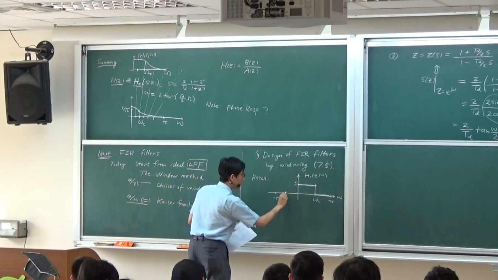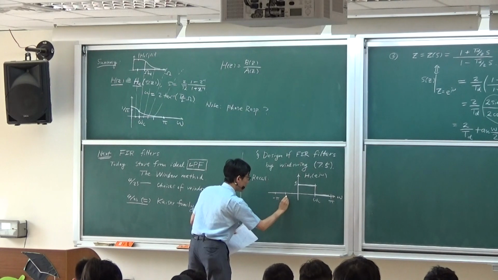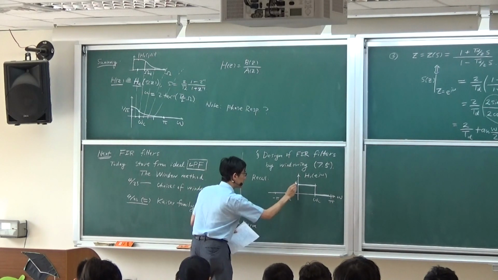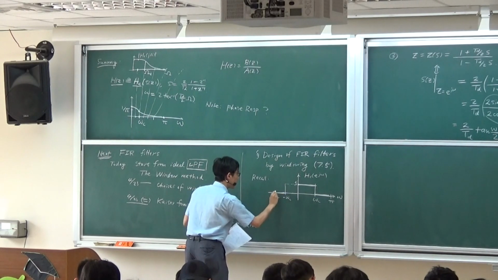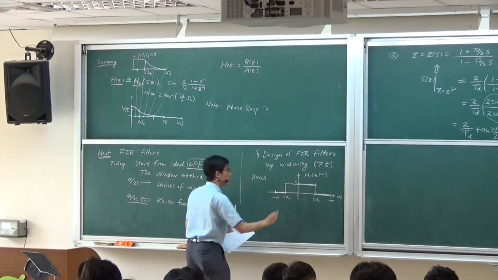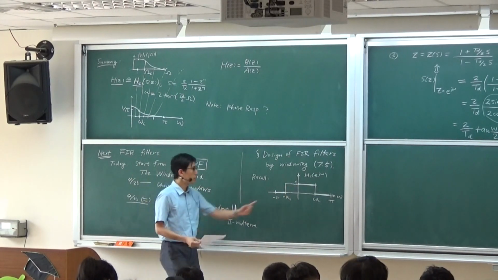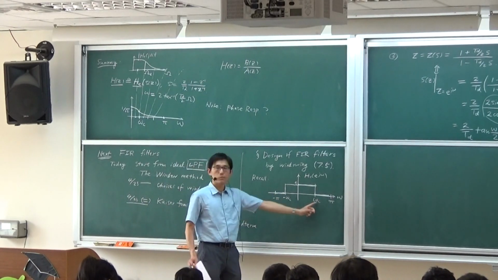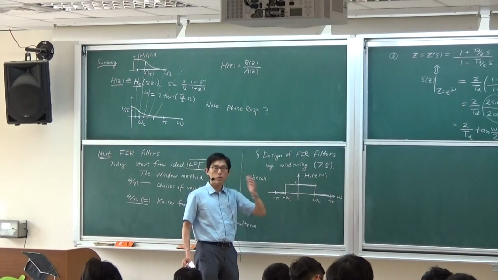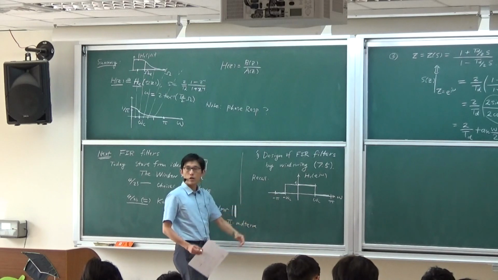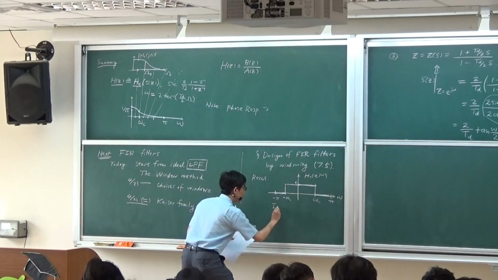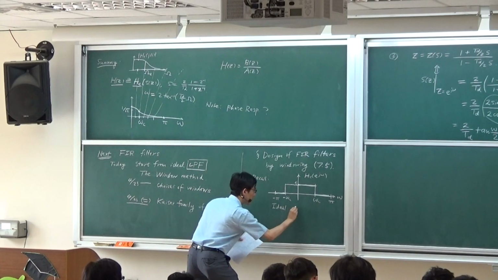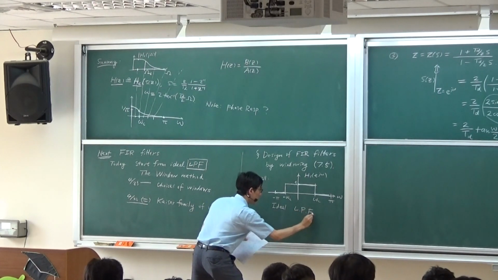Suppose this is the desired frequency response: the pass band between minus omega c and plus omega c has gain 1, and 0 elsewhere. This is the ideal low-pass filter.